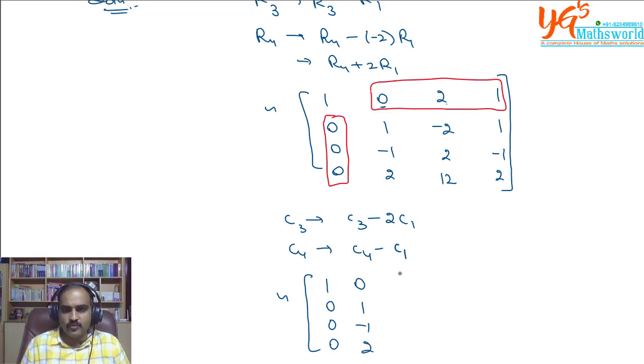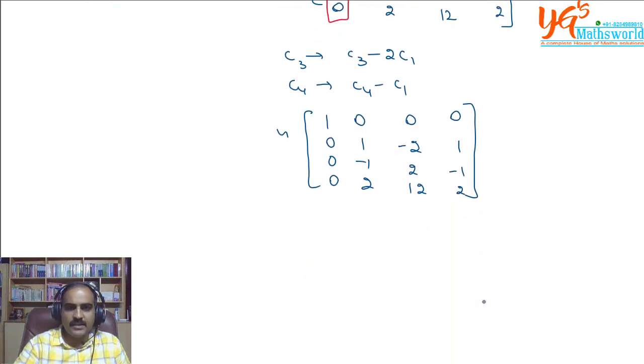Now 2 minus 2 is 0, minus 2 minus 0 is minus 2, 2 minus 0 is 2, 12 minus 0 is 12. Now 1 minus 1 is 0, 1 minus 0 is 1, minus 1 minus 0 is minus 1, 2 minus 0 is 2. Now in this step we have made these elements 0.